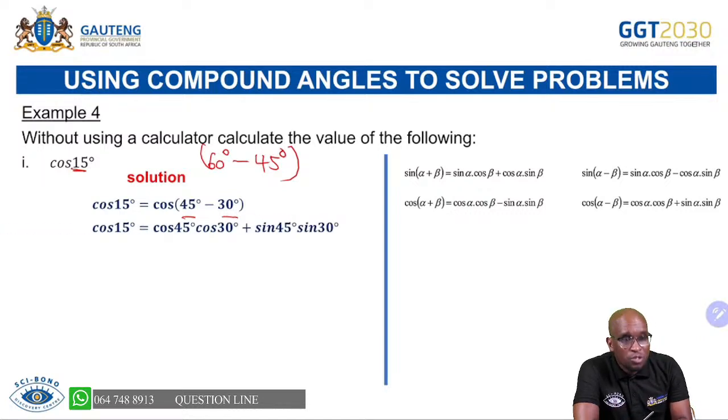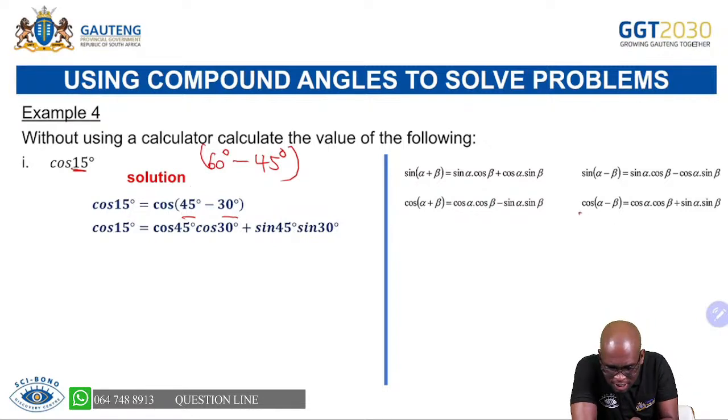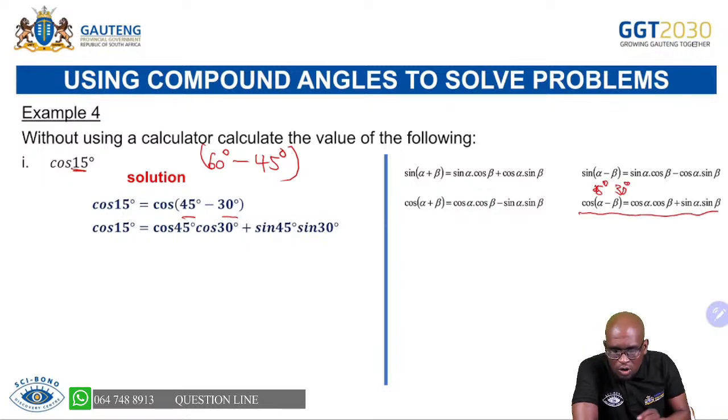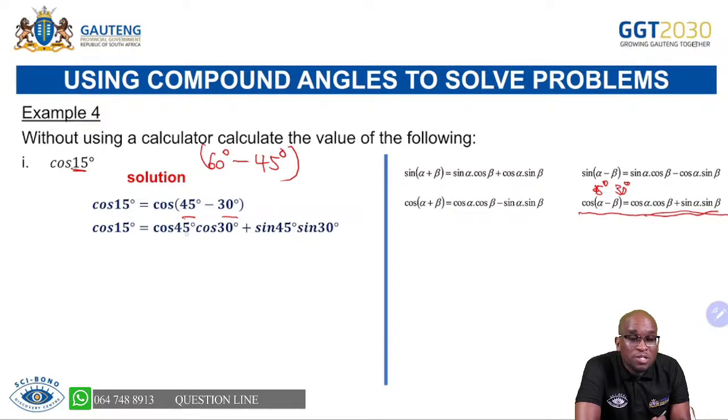When we expand, we are looking at cos of 45 minus 30. That is 45 degrees, that is 30 degrees. So we expand that way: cos 45 cos 30 plus sine 45 sine 30 degrees.